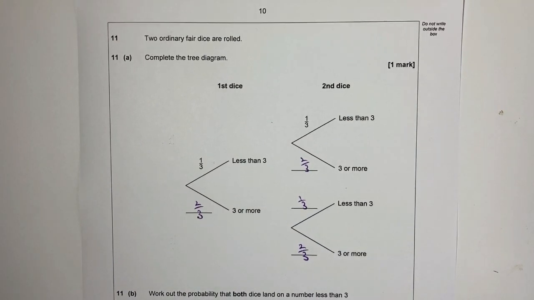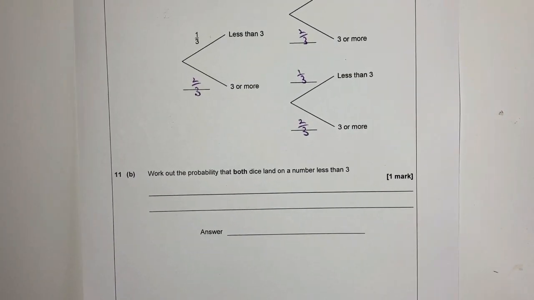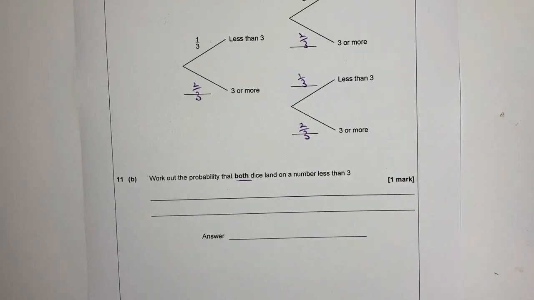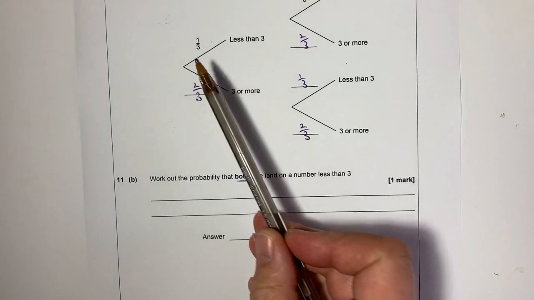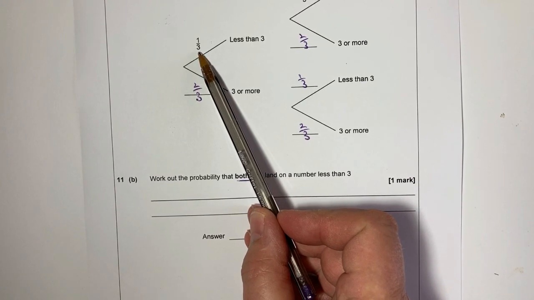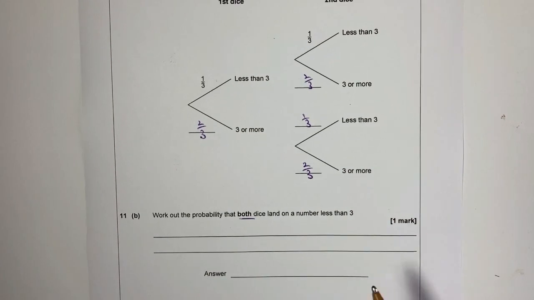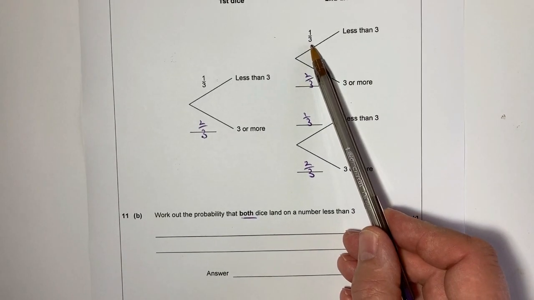Then part B says work out the probability that both dice land on a number less than 3. Well, the probability that they'll land on a number less than 3 is 1/3 for the first dice, and then the second dice is also 1/3.